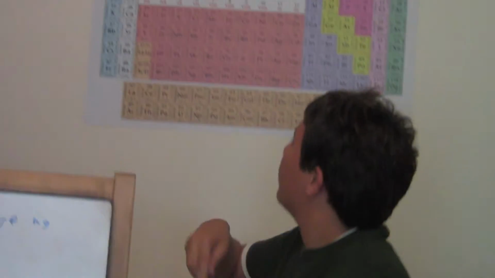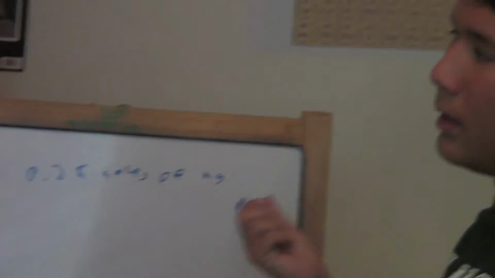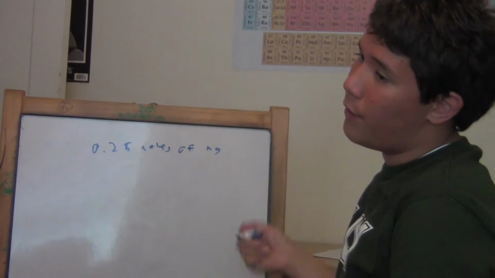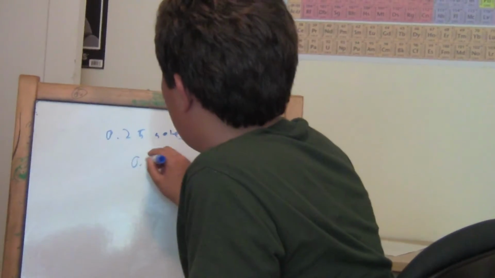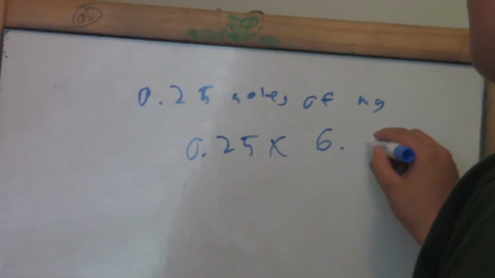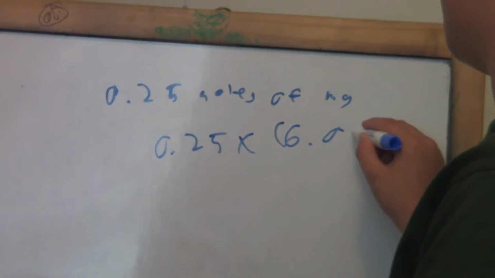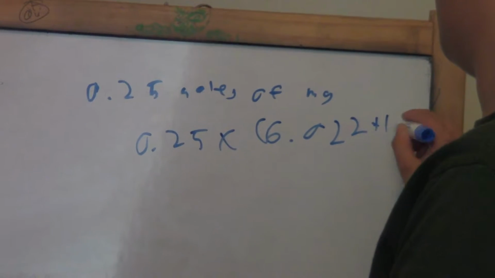Which by the way is over here as the second alkaline earth metal, and the easy way, and this part is very easy if you know how to use a mole. It's pretty straightforward. Just multiply this by Avogadro's number, which is 6.022 times 10 to the power of 23rd.